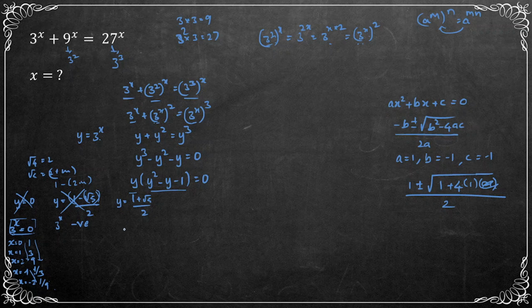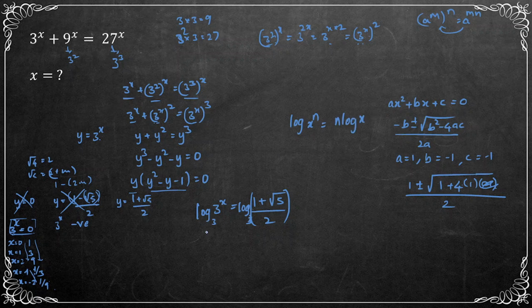So we have 3 power x is equal to 1 plus root 5 divided by 2. Now we want x, so we take log base 3 on both sides. If we do that, log of x power n is nothing but n log x.